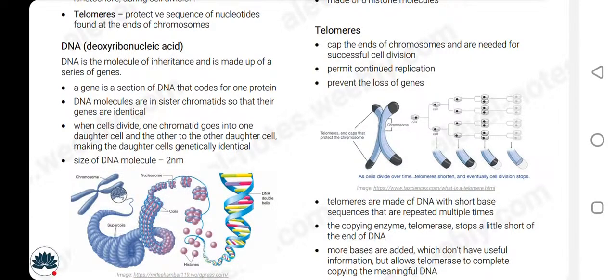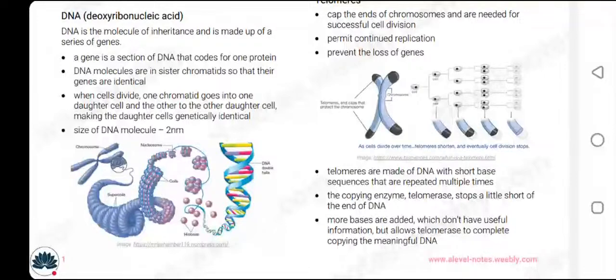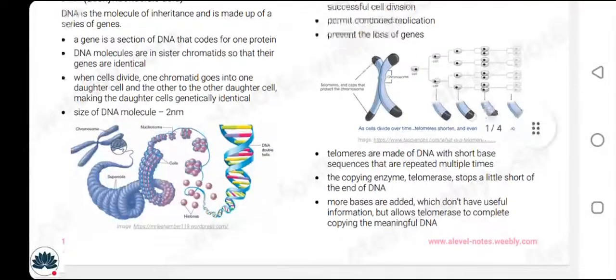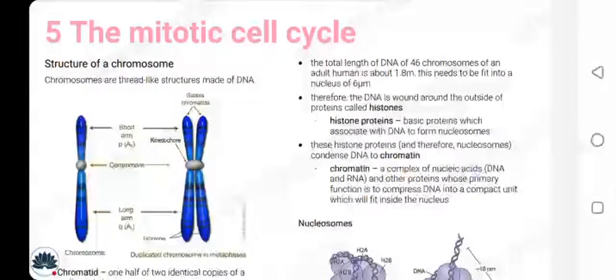The size of a DNA molecule is 2 nanometers. Okay, 2 nanometers. Then the total length of the DNA in the 46 chromosomes of an adult human is about 1.8 meters.